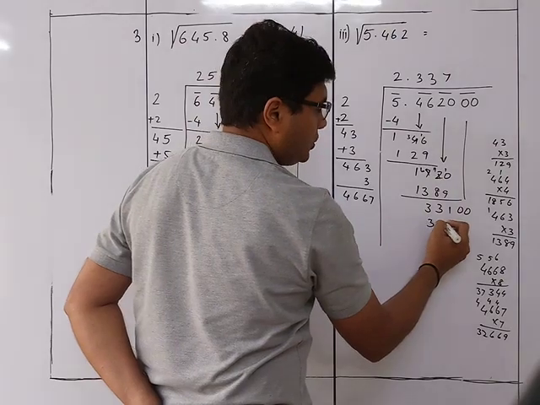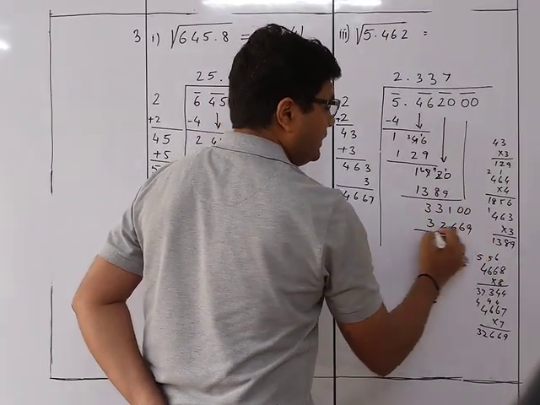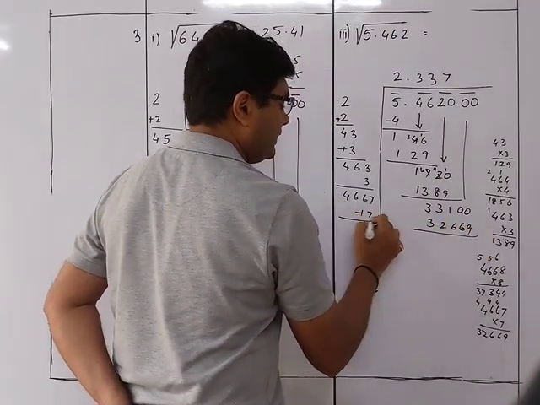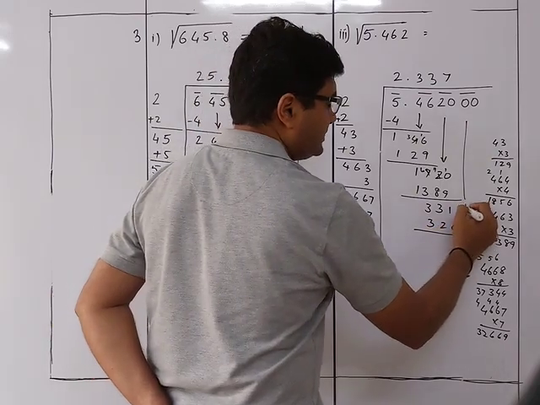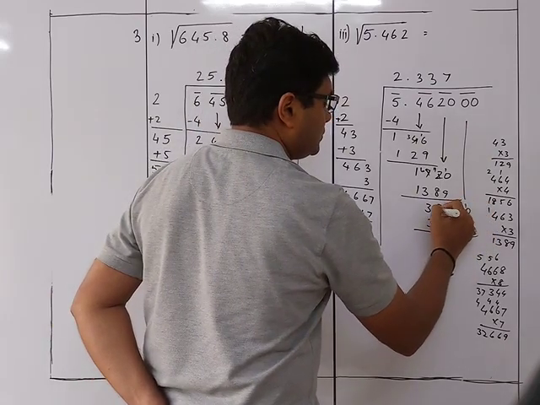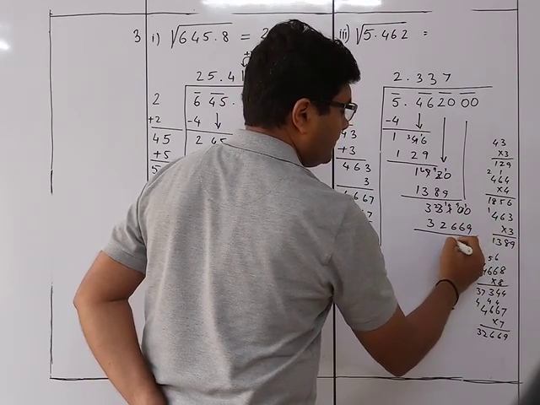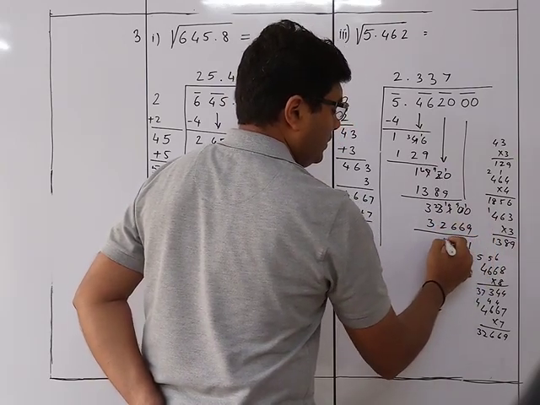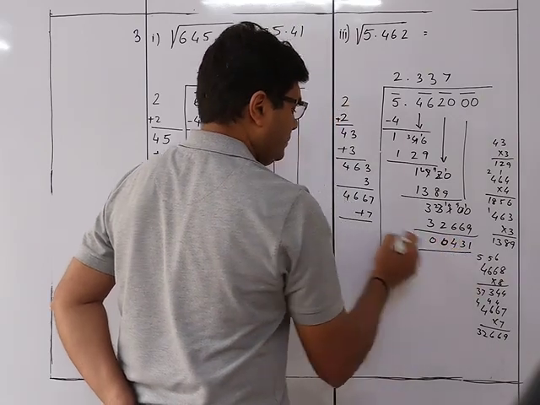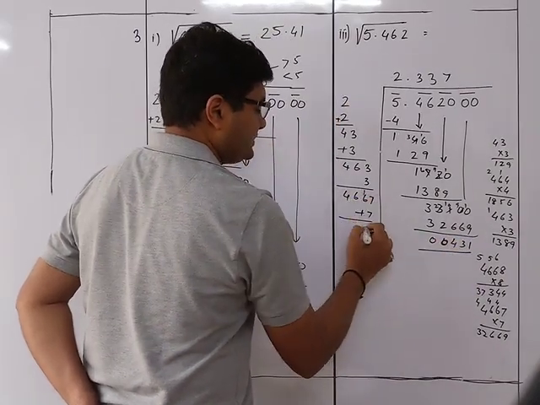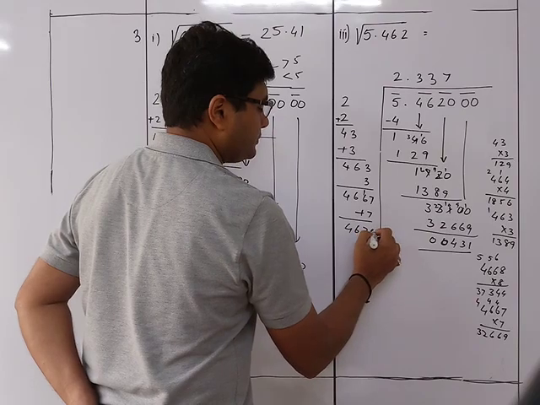This will be 32669. This is plus 7 over here. On subtraction you get over here 1 3 4 0 0. Now over here will be 4, this is 764 and here is 7.